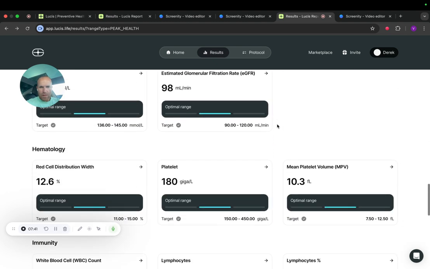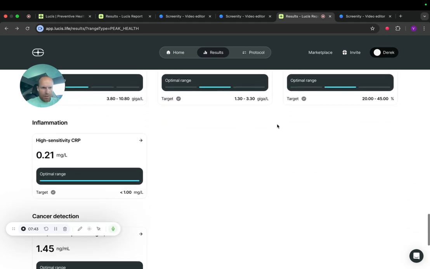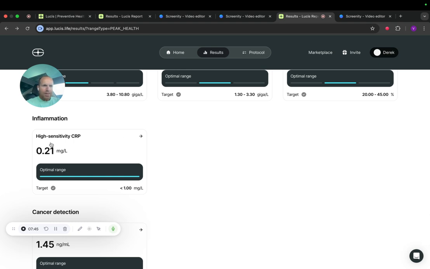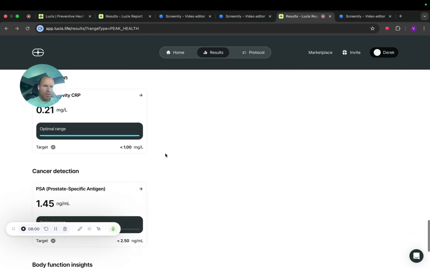Yeah, and again, lots in here. Go down to the bottom. High sensitivity CRP. So not just CRP. That is often, you'll see, the minimum value of 0.3 here. So this is going lower than 0.3 to give a more precise measurement.